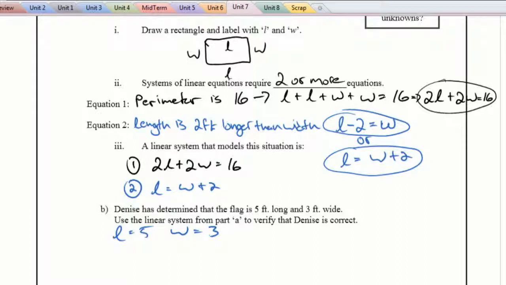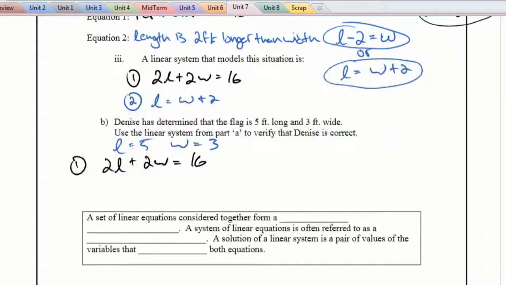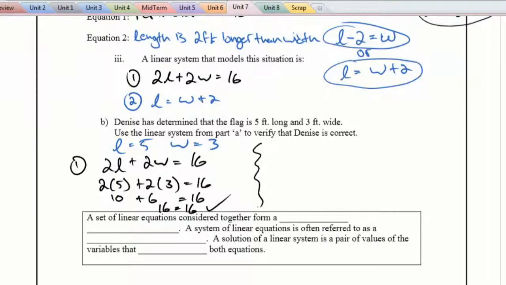So what I'm going to do is take my first equation, 2L plus 2 width is 16, and plug in the information I'm given. So 2 times 5 plus 2 times 3 is 16. I'm checking. 2 and 5 gives me 10, 2 and 3 gives me 6, and I get 16 is 16. So that works. What about the second equation?